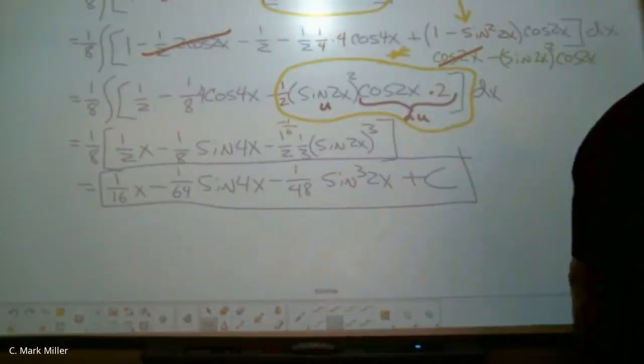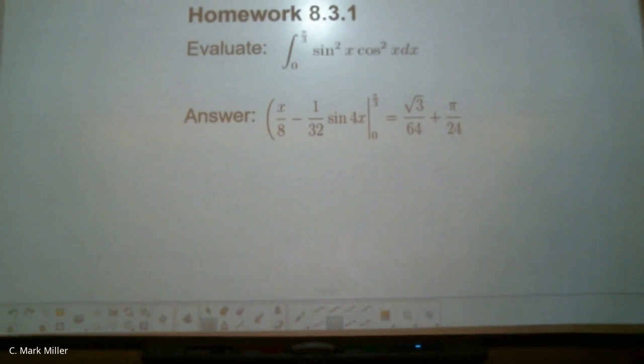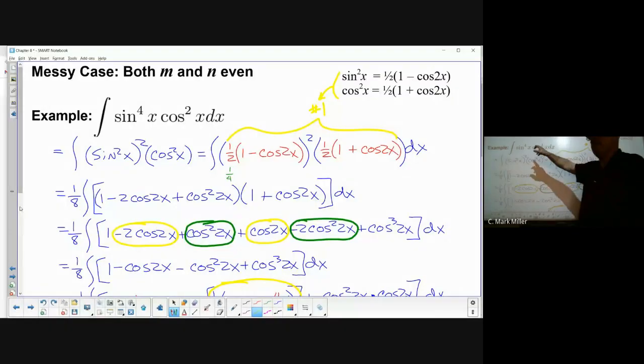I'm going to move some of that down there. There you go. This is a much, much more polite version of what we just did. It's friendlier, right? Because what we just did, we had sine to the 4th cosine squared.